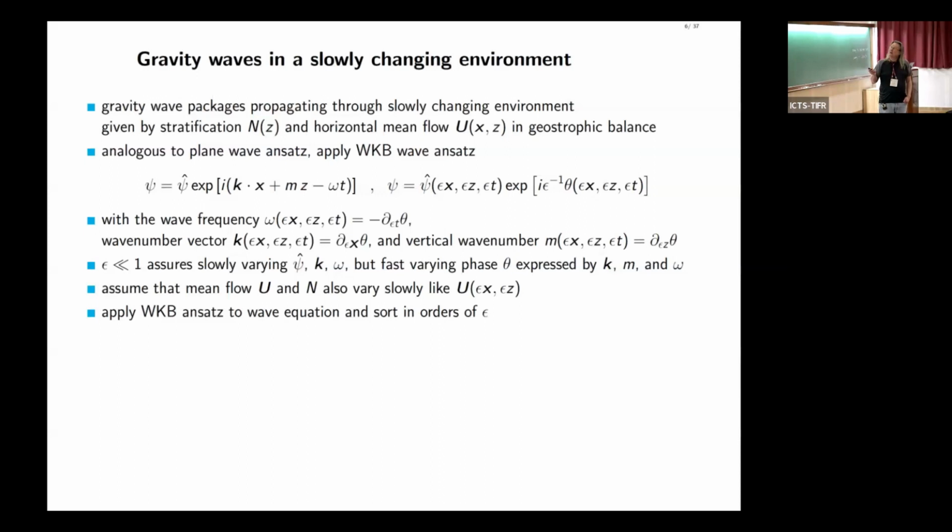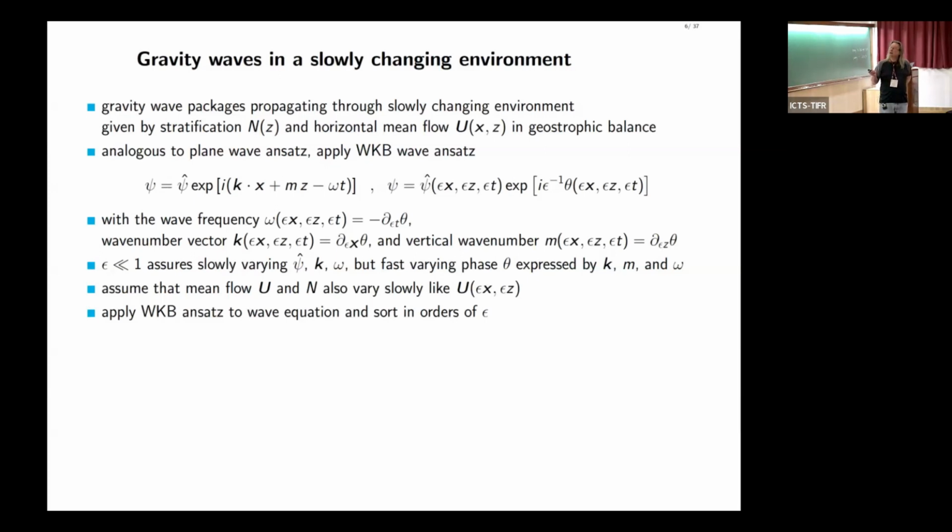In your wave equations you always have derivatives, right? If you take a derivative, maybe with respect to time, you have to do this product rule. There's one which gives you an epsilon, if you consider variation of psi hat. But if you take variation of theta, then you cancel your epsilon from the differentiation. And that gives you zero order terms.